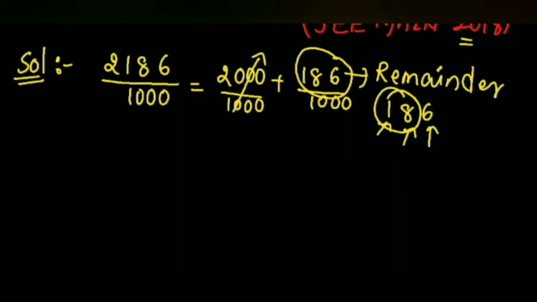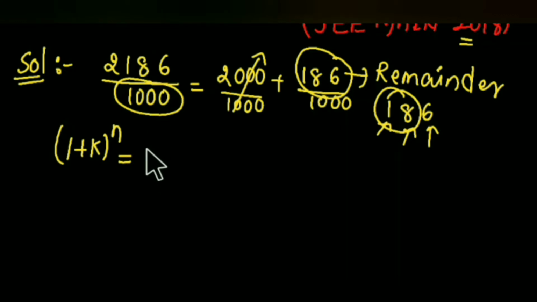One more is the expansion of 11 to the power 2016. We already know the rule for 1 plus k whole to the power n. Since we are dividing by 1000, 11 can be written as 1 plus 10.